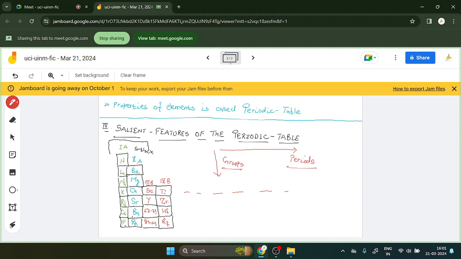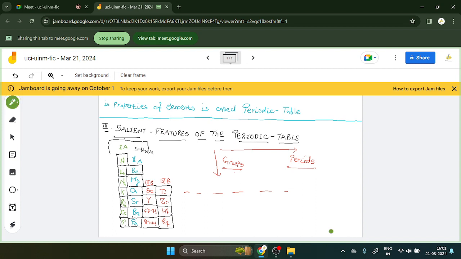Now we will be discussing what happens to certain properties of the elements when we go down the group, or when we go along the period. Just look at one thing. When we are going along the period, atomic number is increasing, yes or no?